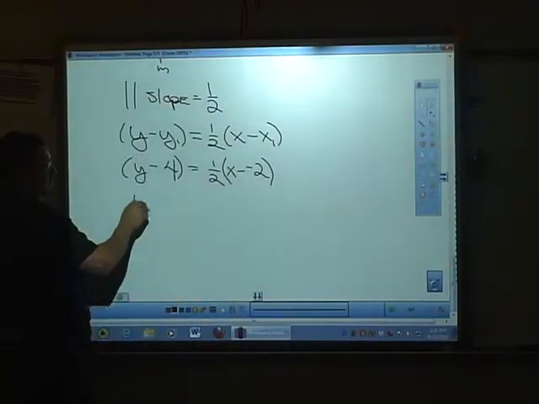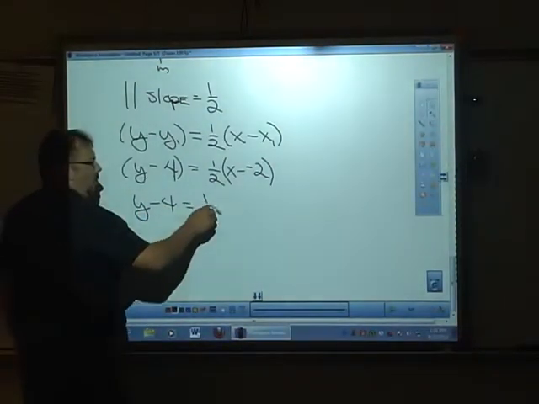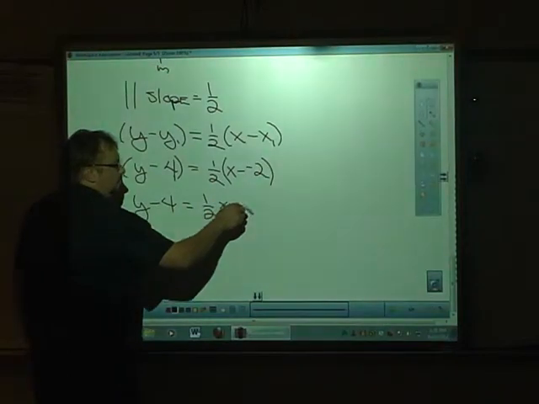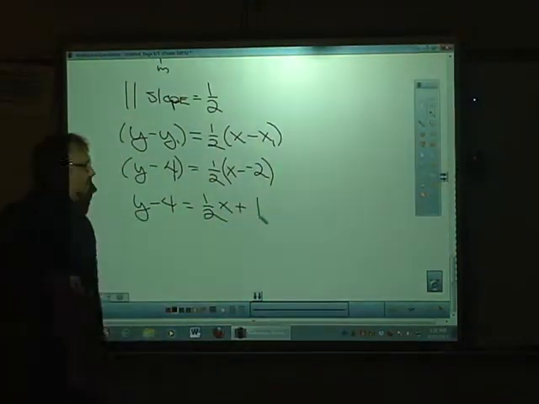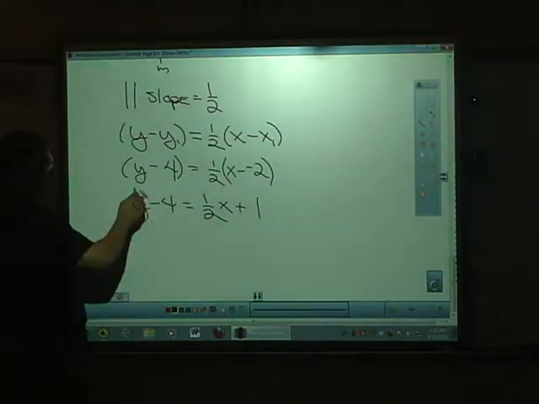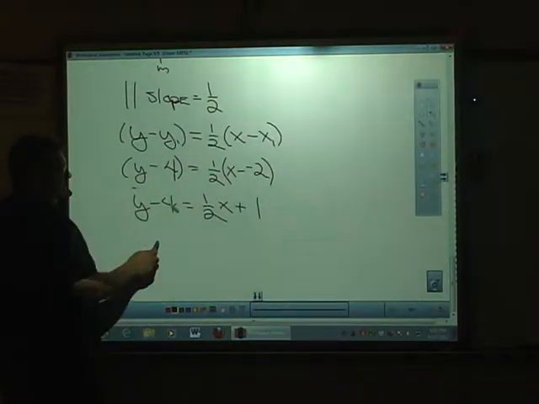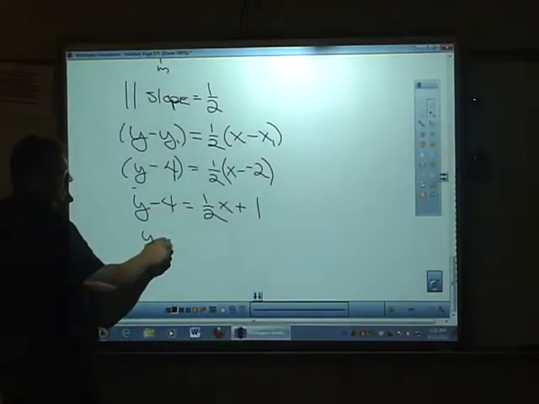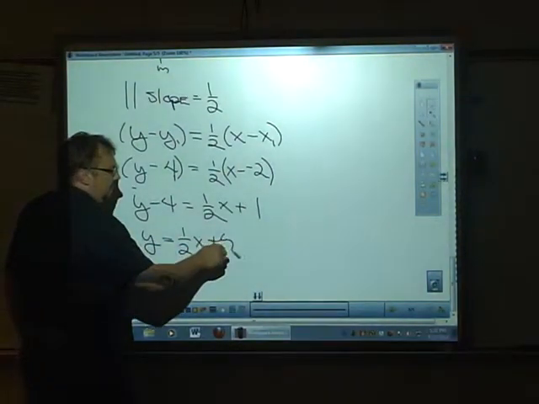My next step would then be to make this y minus 4 equals 1/2 x plus -2 times this. It's going to give me just 1. If I want it in slope intercept form, I'm going to want to change it. So I would say then y = 1/2 x + 5.